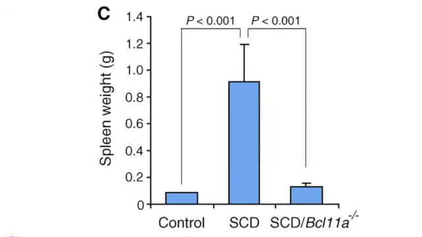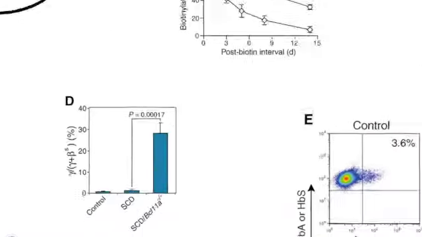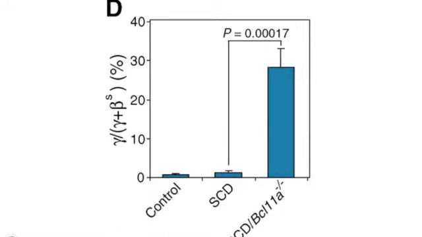Part C shows a correction of the enlargement of the spleen in mice with SCD-BCL11A. This shows that the weight of the spleens of mice that do not have SCD is roughly the same as mice with SCD-BCL11A. Part D shows the expression of gamma globin and SCD globin by quantitative reverse transcription polymerase chain reaction in the control, SCD cells and SCD-BCL11A.